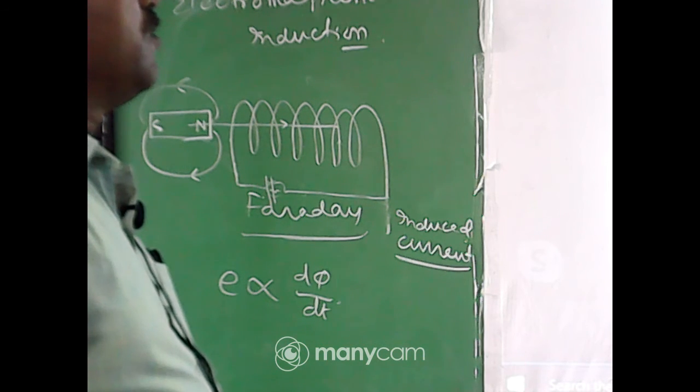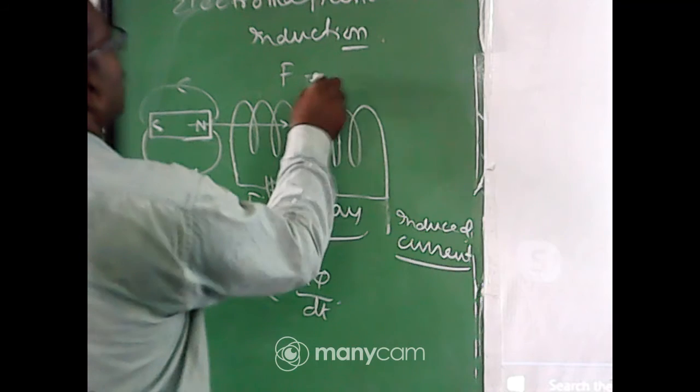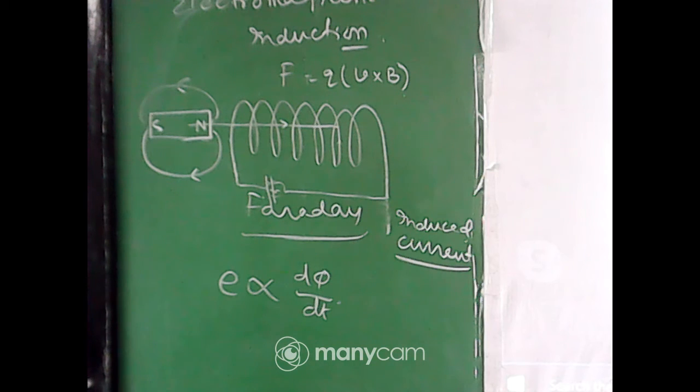F equals Q into V cross B. So if the charge is 0, then how does the magnetic field exert a force? I don't know. Net charge on the current carrying coil is 0. If the charge is 0, then no current will be created in this coil.